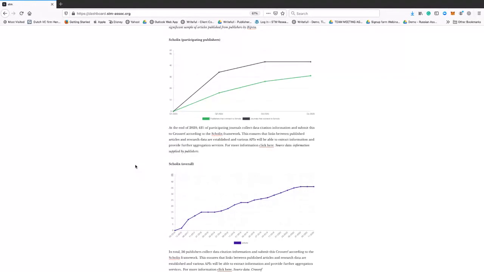The main barrier for the publishers is that they have to adapt their systems, and it's not so much complicated as it is just one of the things they have to do on their list. Hence also our commitment to further support them in that. We expect this to take another, let's say, 2 years before all the publishers, and at least the participating publishers, submit their data to Crossref so it will be included in Scholix.